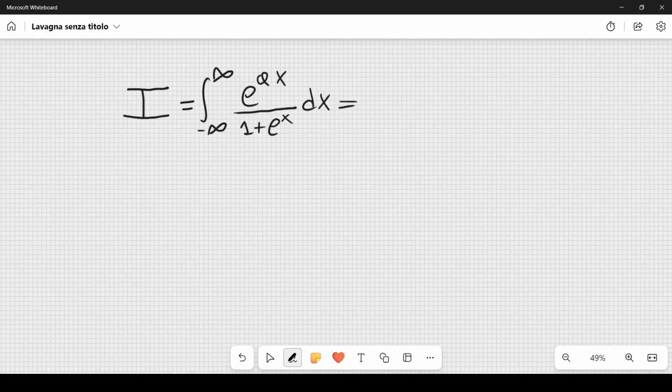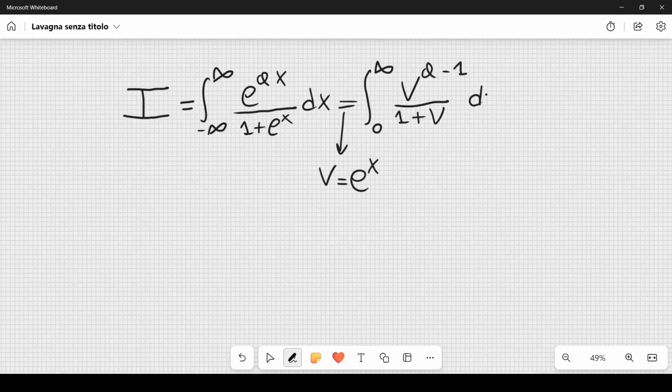If you make a substitution v equal to e to the x, you can easily show that this is equal to the integral from 0 to infinity of v to the a minus 1 divided by 1 plus v dv. And we will prove that this integral is pi divided by sine of pi a.